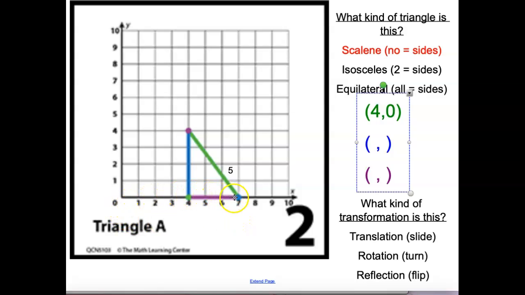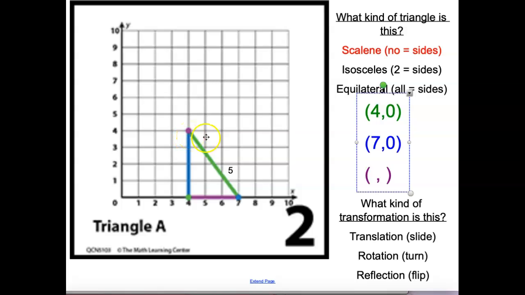How many spaces do you need to move over to get to the blue point? 7. Very good. How many spaces do you need to move up? 0. It's on that bottom line. Very good. Now here's the trickiest one yet.